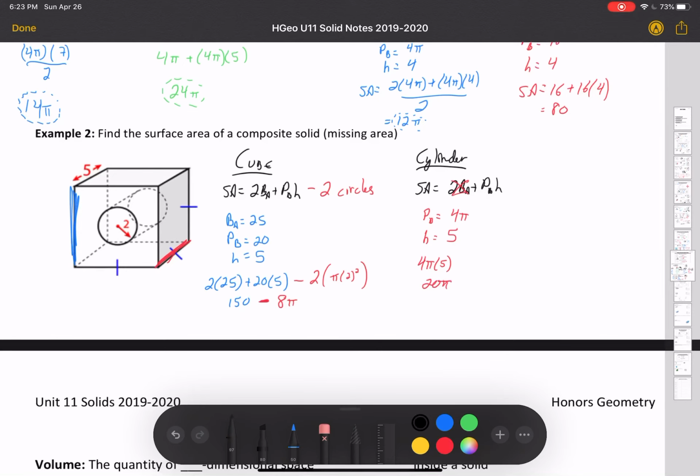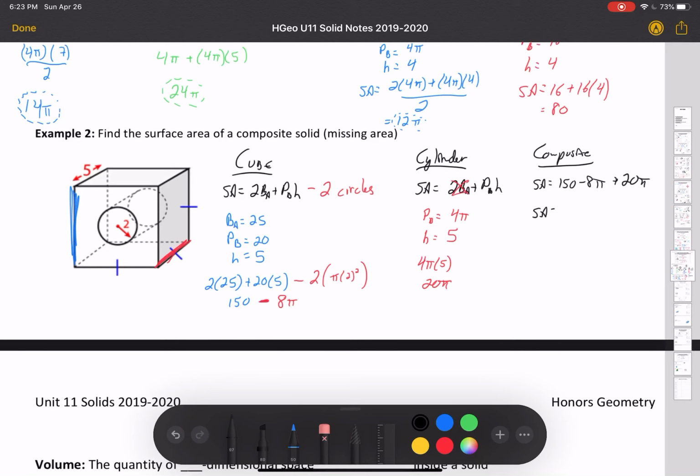So for the composite, we're going to take the cube part, which was 150 minus 8 pi. But now we need to add 20 pi. We need to add the part of the cylinder that we can go within the cube and touch.